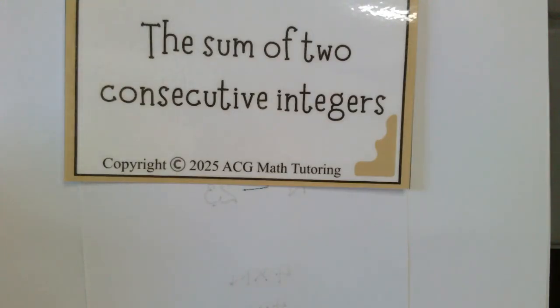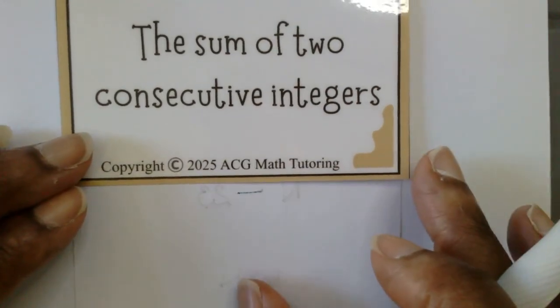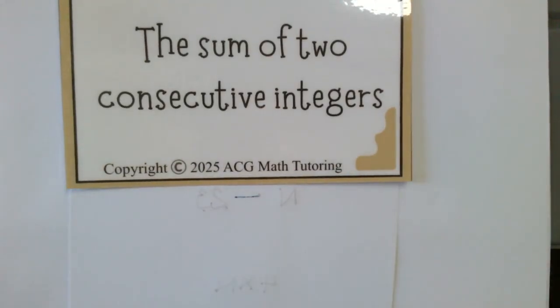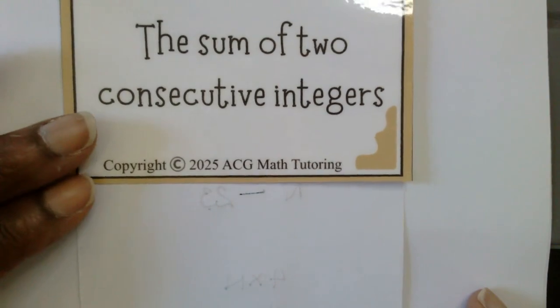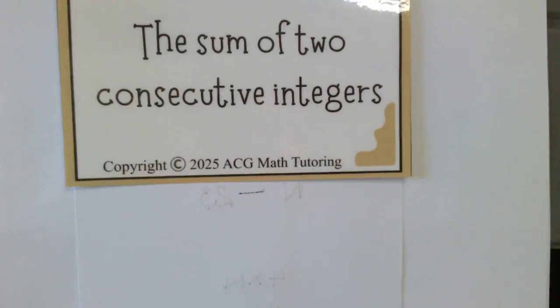Okay. This is going to be a little challenging, but they do have word problems that always ask you about consecutive integers. Okay. When you see this, how are you feeling? Before you start giving me answers, how are you feeling about this one? Because the other one seemed a little straightforward, right?